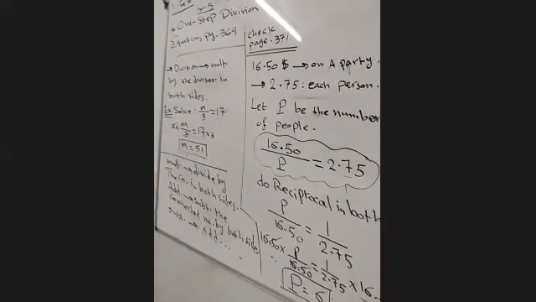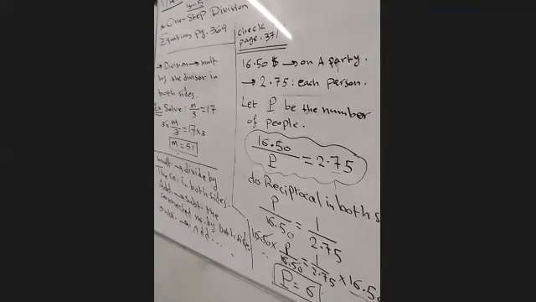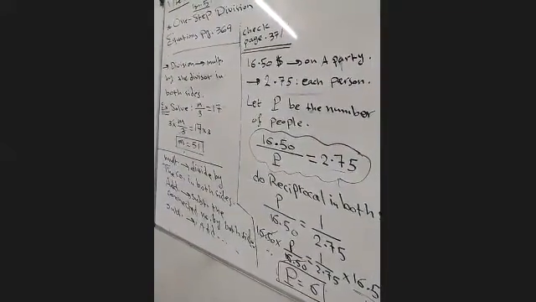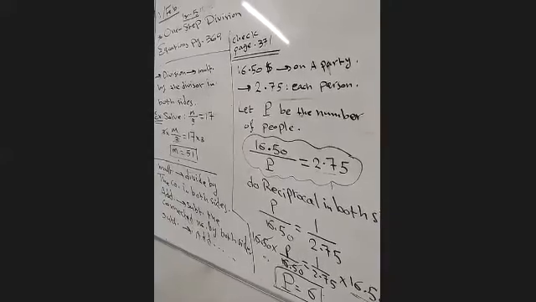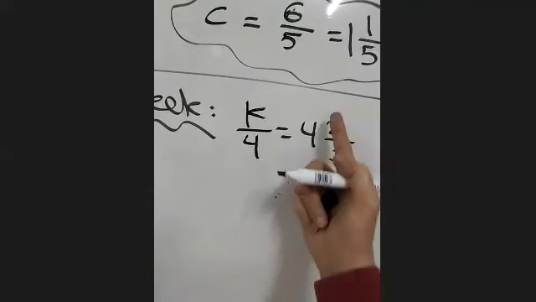Yahya, do you understand the lesson? Are you sure? Here, we have division. K over 4 equal 4 and 2/3.